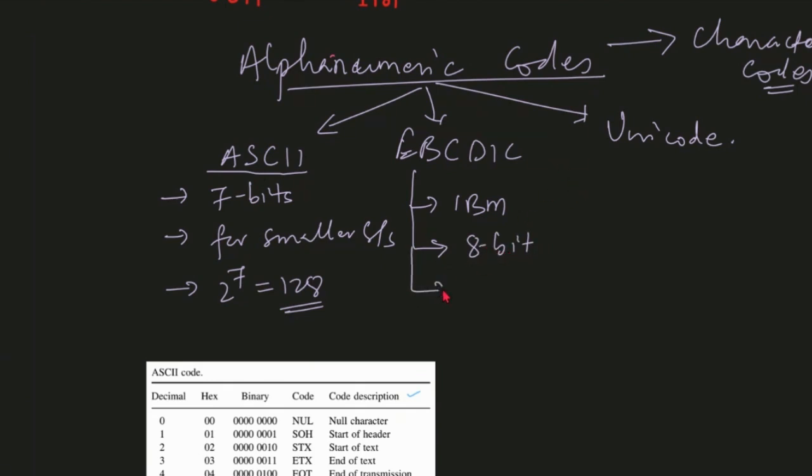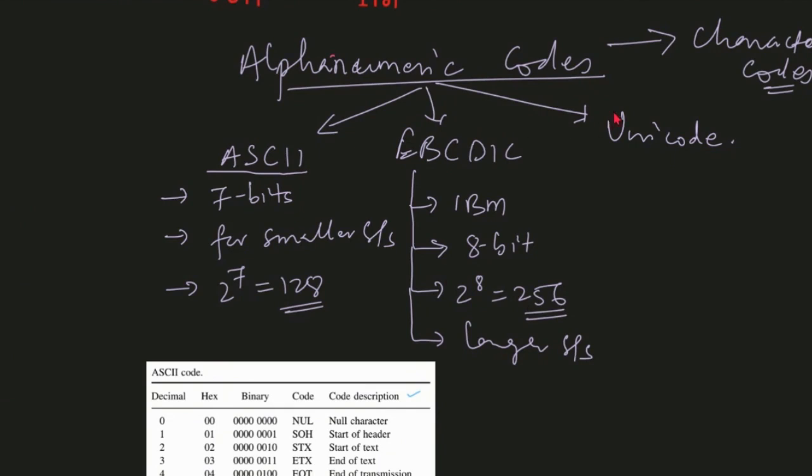That means a total of 2 to the power 8, that means 256 characters can be considered. So it has more capabilities than ASCII. That's why it is used for larger systems. It is popular in larger systems.